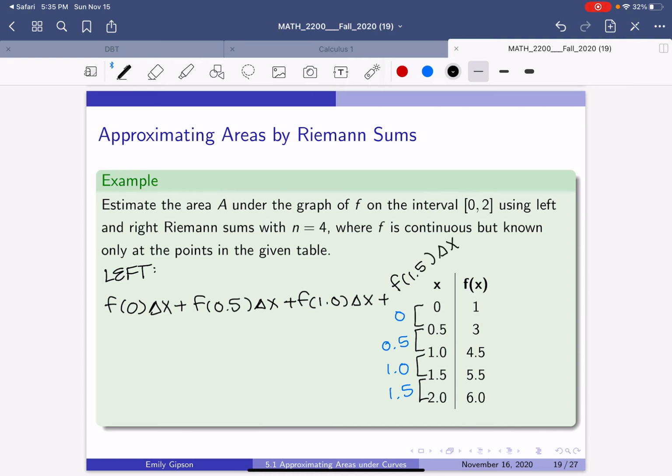F of 0 is 1 times 0.5 plus f of half is 3 times 0.5 plus f of 1, which is 4.5, times 0.5, plus finally f of 1.5, which is 5.5, times 0.5. I'm sorry that's getting a little messy, but all of that works out to equal 7.0.